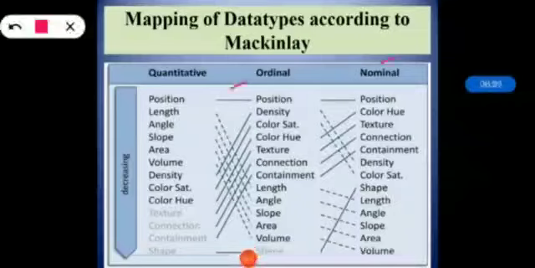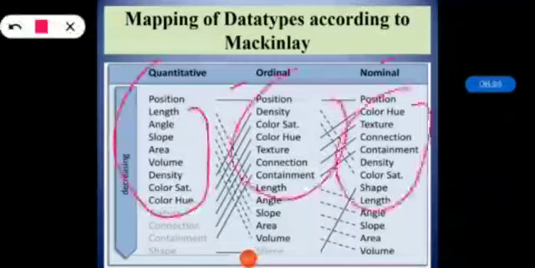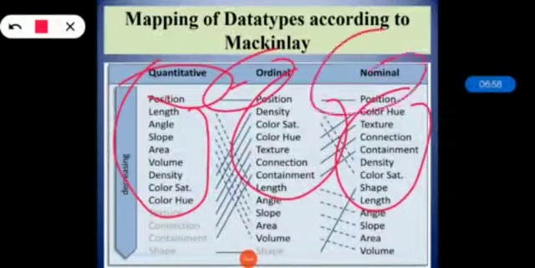For that reason, color adds more informational value beyond redundancy. A few years ago, Dr. Andrew published a diagram of this mapping of data types according to Mackinlay. These are the charts showing the quality of mapping according to the particular data type. So this is all about the mapping of data types, the effectiveness of mapping, and the variables.